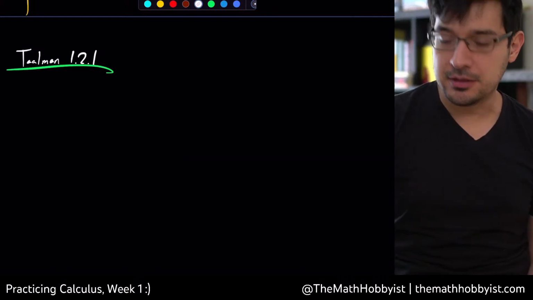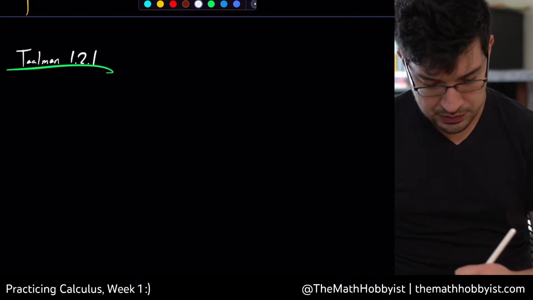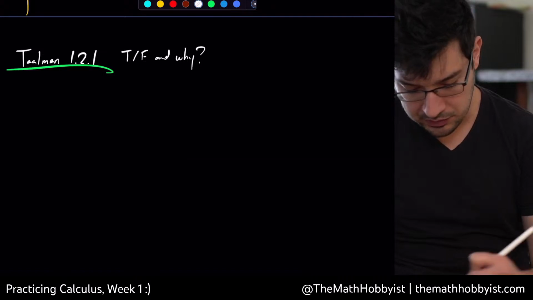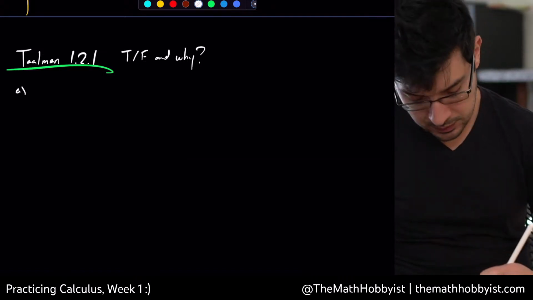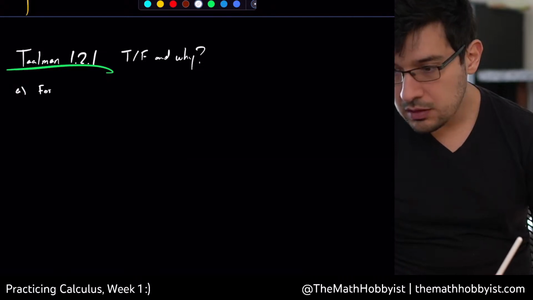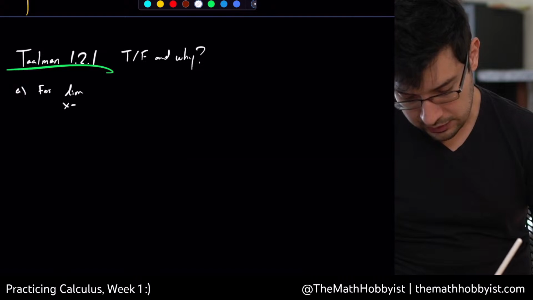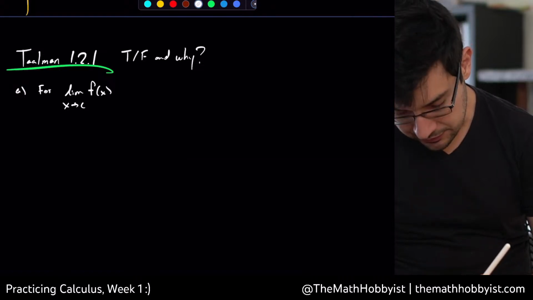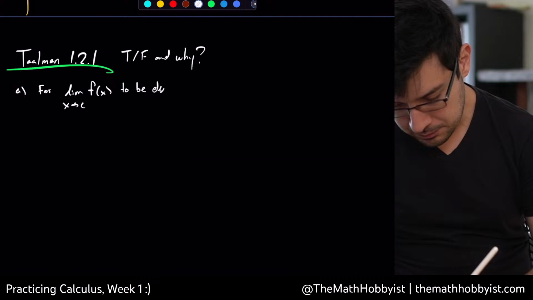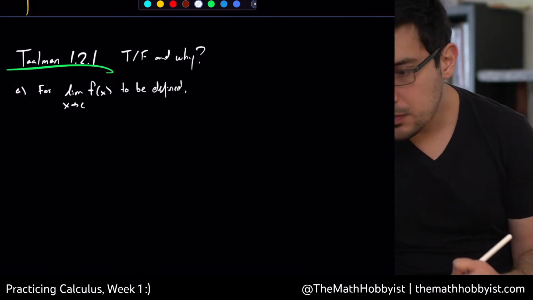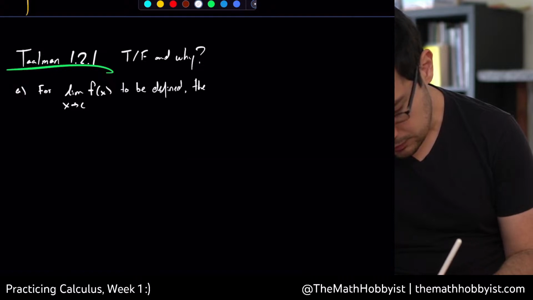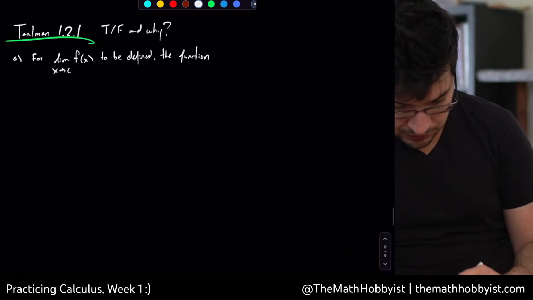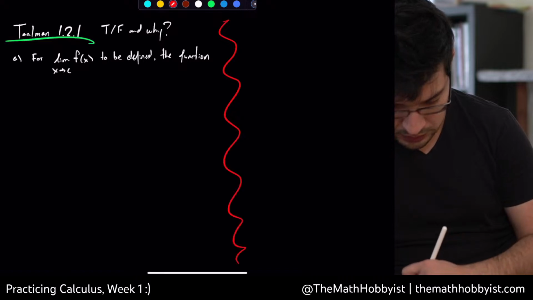So far, that's been the pattern in Taalman's exercises. 1.2.1, true or false and why is how I'm going to summarize this. 1.2.1 A: for the limit as x tends to c of f of x to be defined, the function, let's leave enough space for solutions on the right.